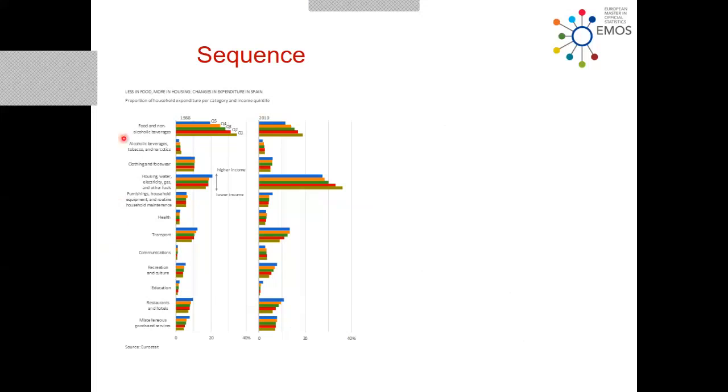So several categories of household expenditure over time, and then these cues are quintiles, expressing different levels of income. So lower income below and higher income on top.